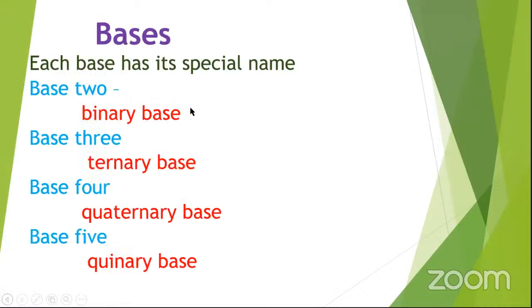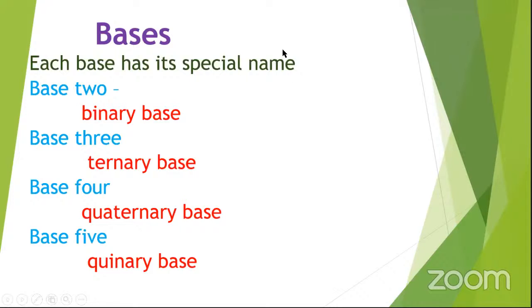Base 2 has only 2 digits according to its base name, and that is 0 and 1. When you count the digits we've written, they are 2 digits, equivalent to the base name, that is 2.